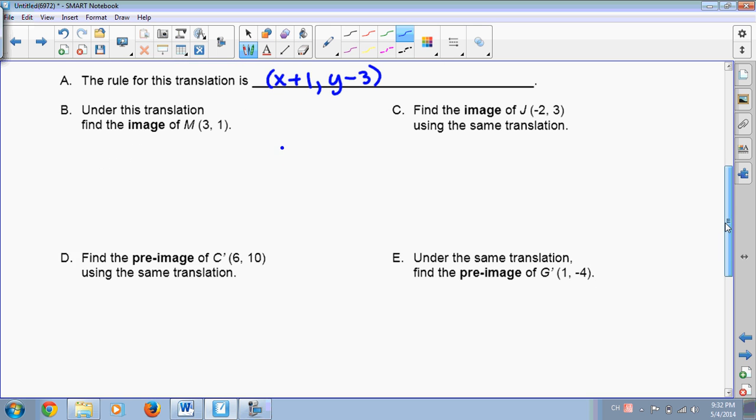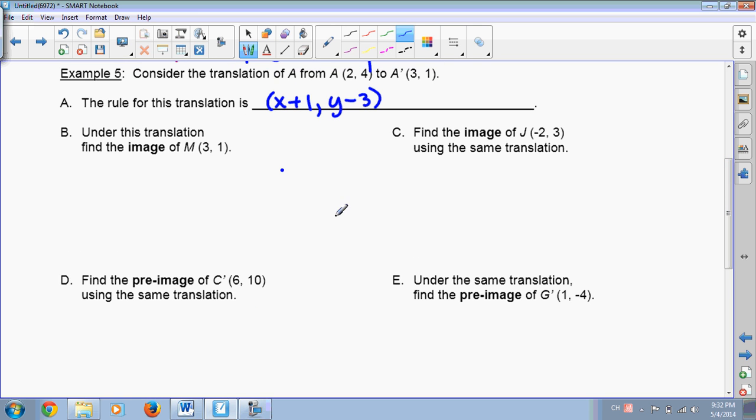Okay, so let's use this rule to answer some questions. Let's look at B. Under this translation, find the image of M 3, 1. So find the new image. Image is always a new image. So M is our pre-image. So this is what we're going to plug in to our rule. So this is our x and this is our y.